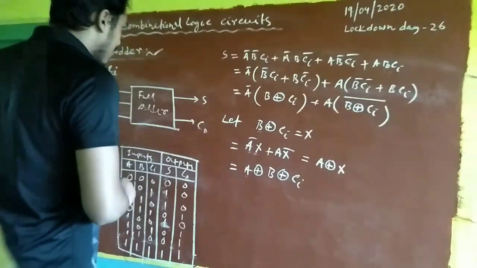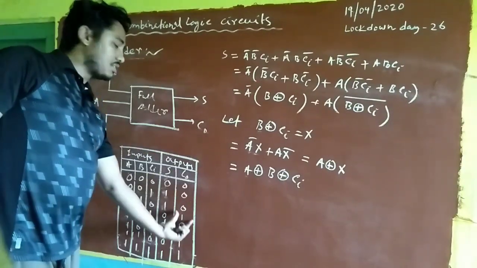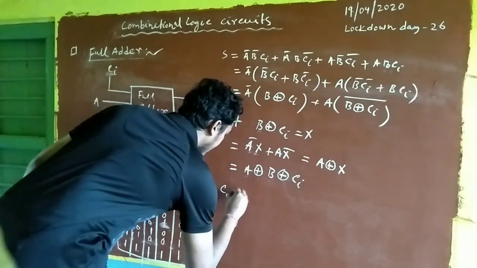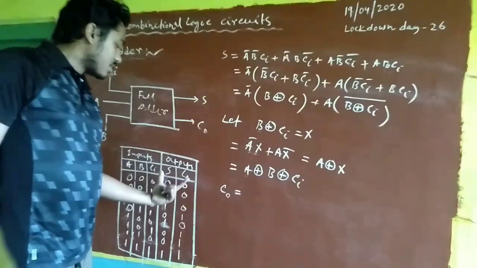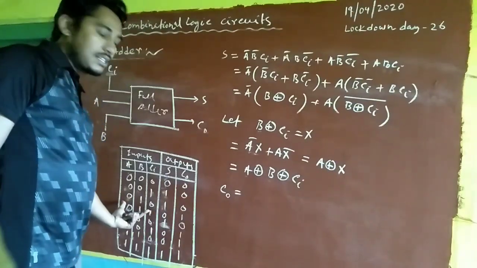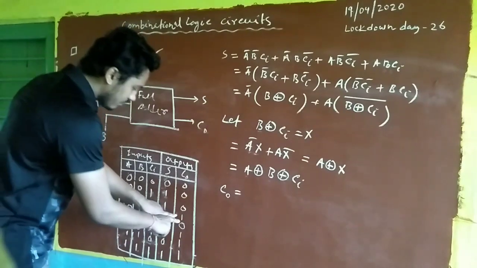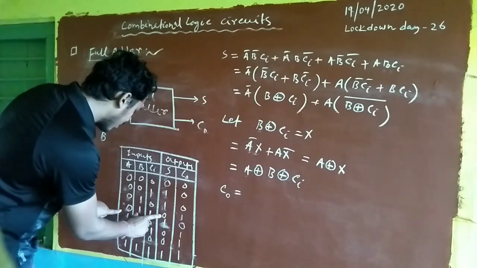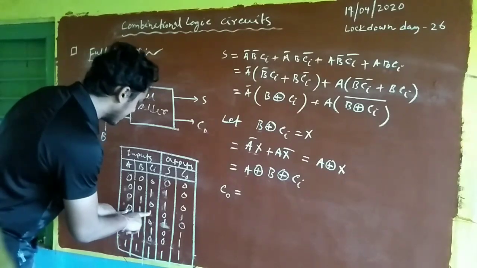Okay. Now similarly, we need to find the logic expression for the C out. So I am writing the logic expression for the C out here. How do we get the logic expression in the same way? By summing up all those input combinations for which the carry output is 1. For this one, what is the corresponding combination of inputs? This is A bar B Ci.